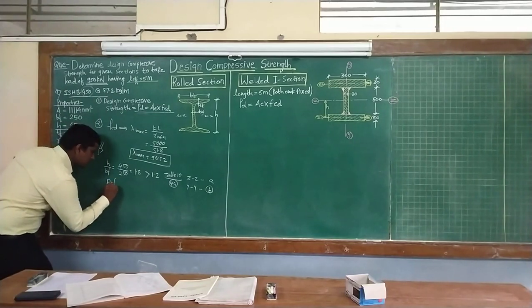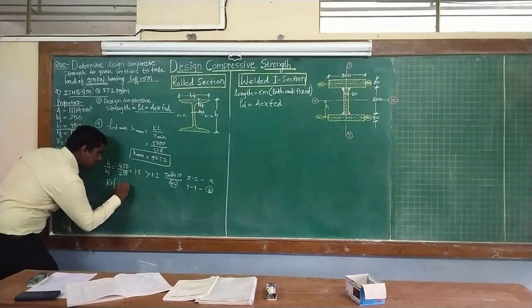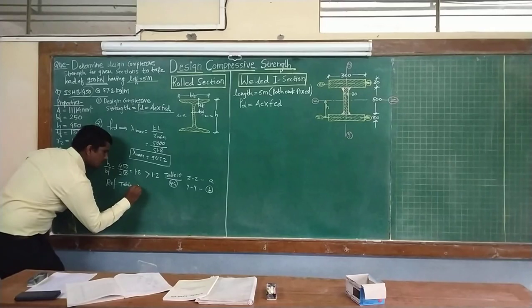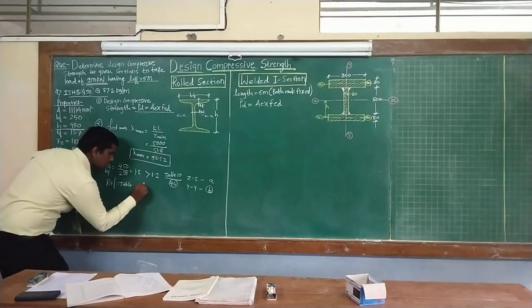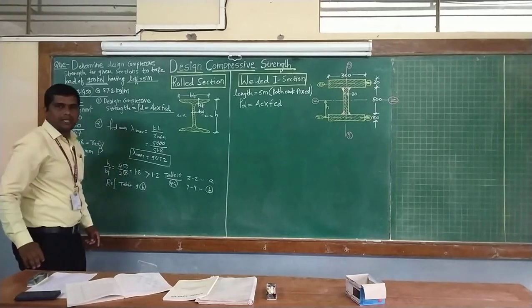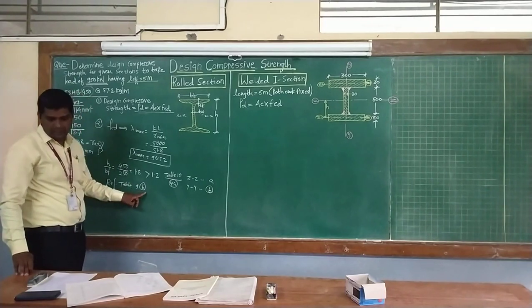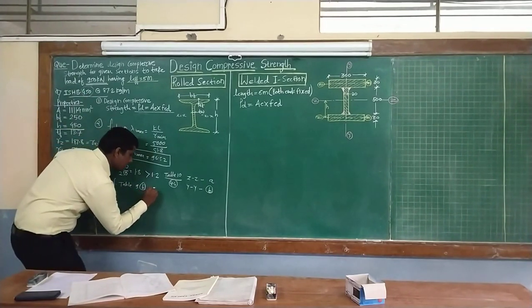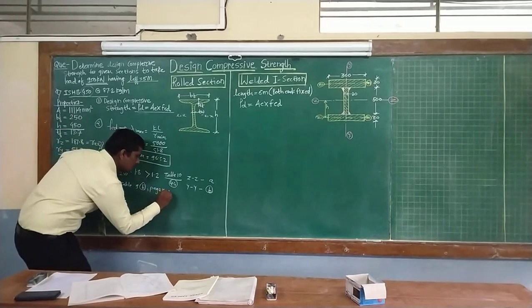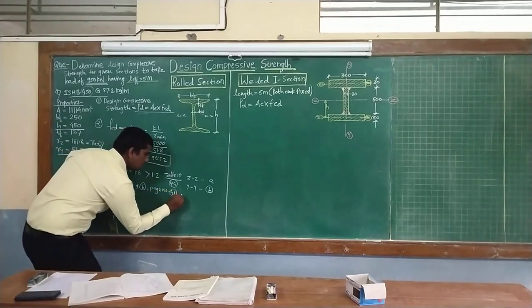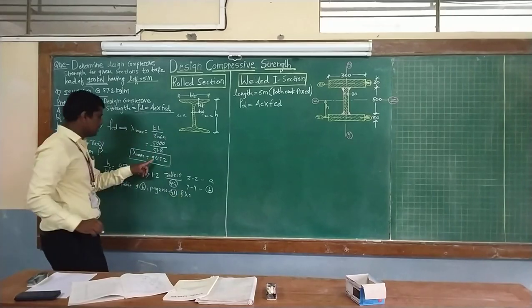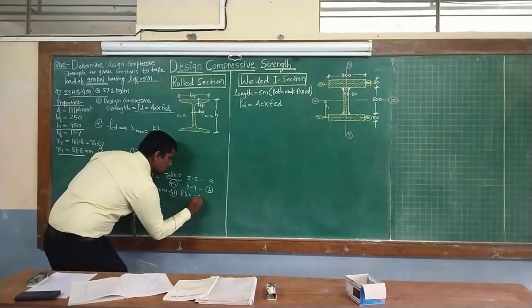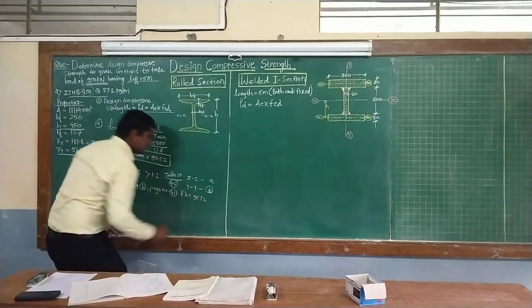So refer table number 9B, page number 41, and the lambda value is equal to 96.52.